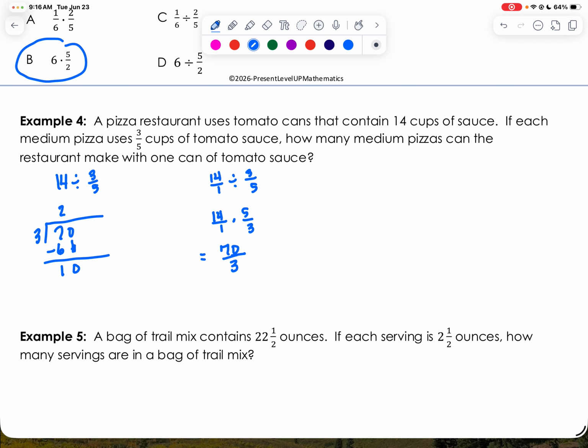Bring down the 0. 3 goes into 10 3 times. 3 times 3 is 9. So we have a remainder of 1. So we have 23 and 1/3 pizzas. So if they want to know how many medium pizzas they can make, they can only make 23 pizzas. They don't have quite enough to make the 24th pizza.